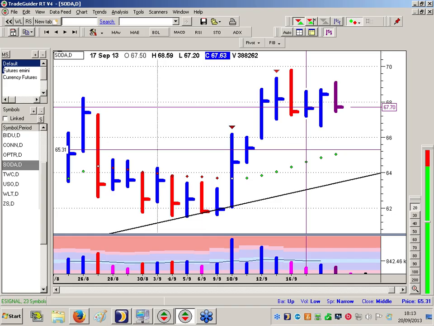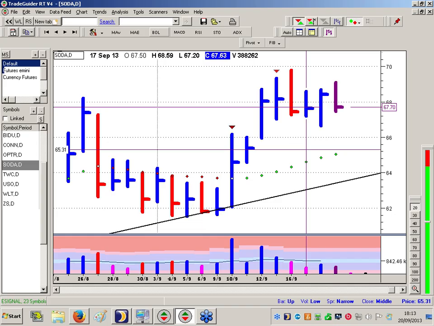Okay, Jack is asking, which time frame do you prefer for the simple trending system? There is no preferred time frame. The trending system works on all charts, because the principle at work is that the close is higher than the close of the previous bar.